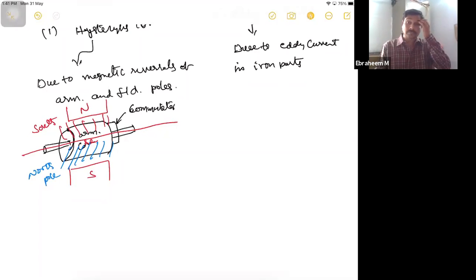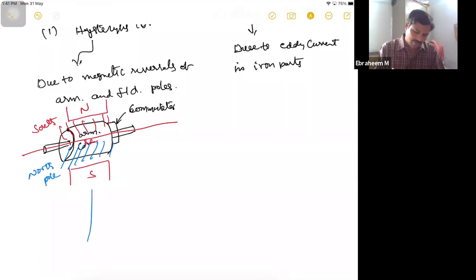Because it is rotating, obviously this process will reverse. So for this, some amount of energy is lost. That is the hysteresis loss.